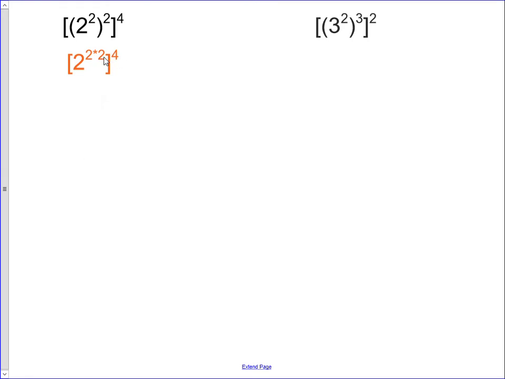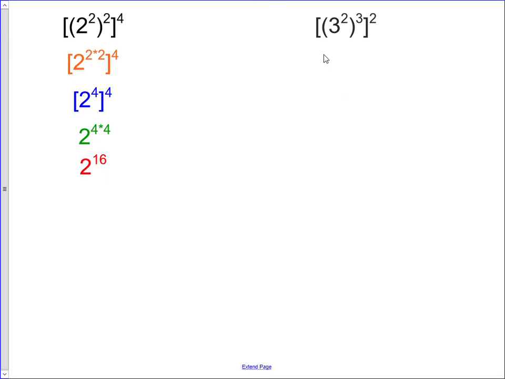Well, 2 times 2 is 4, so we have 2 to the 4th power raised to the fourth. Again, since we're raising a power to a power, we're going to multiply the exponents. So we have 2 to the 4 times 4 power, which is 2 to the 16th power.